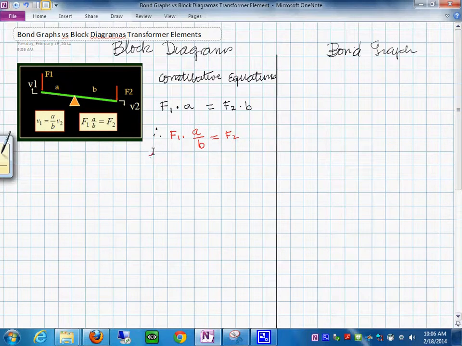So you see, this is the input. This is the output. You may say this is the cause, as we have done with the other elements. This is the effect.